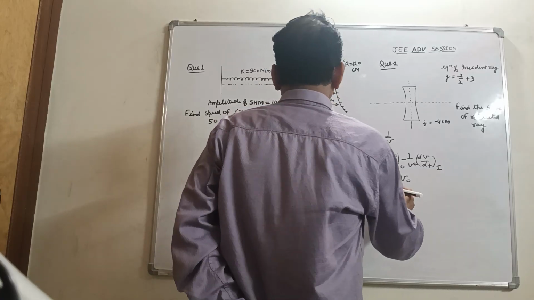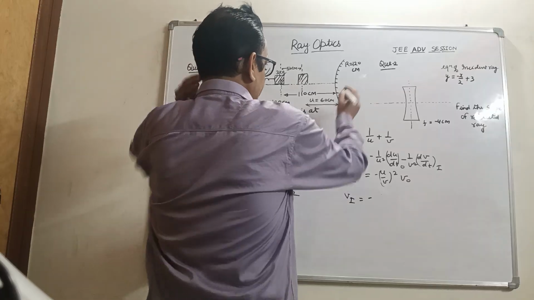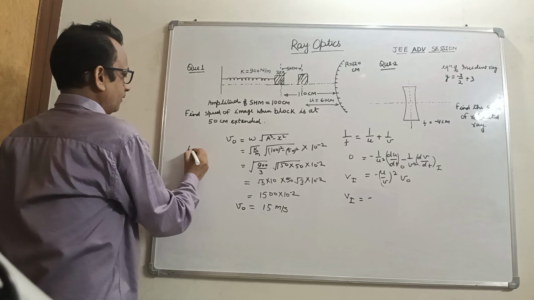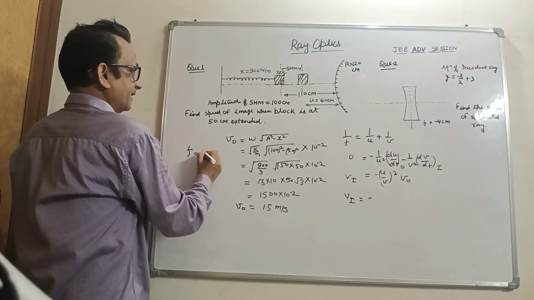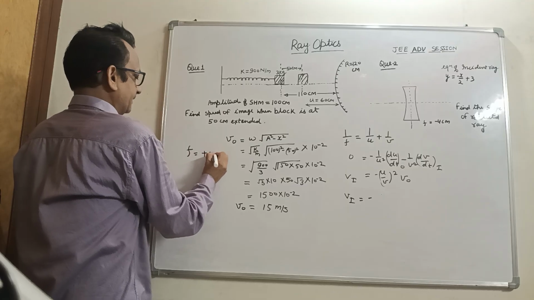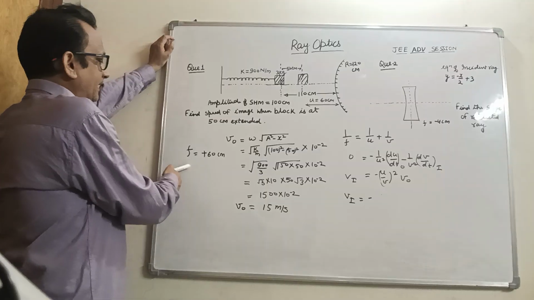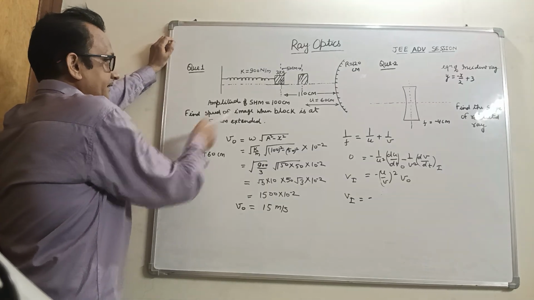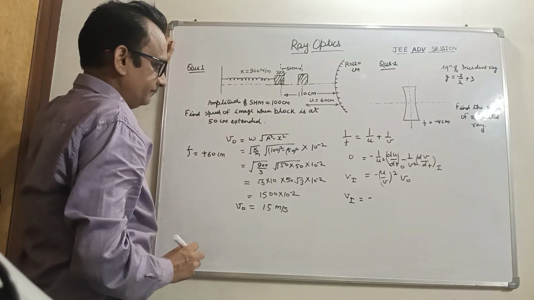We have the value of u, and the focal length of the convex mirror is plus 60 centimeter. Radius of curvature is given 120 centimeter, so focal length would be 60 centimeter, R by 2. This is a convex mirror, so focal length would be positive.